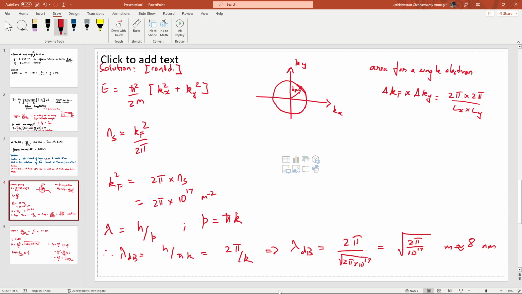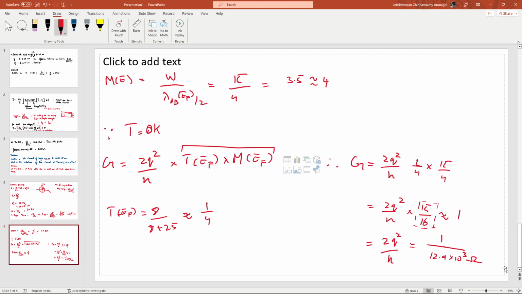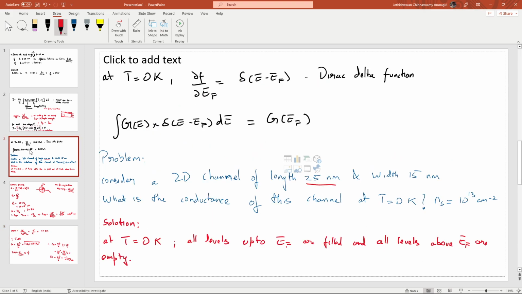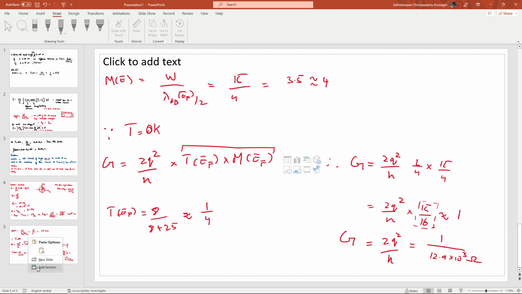From that, we follow these steps to arrive at the final answer for the conductance of the channel. Of course, this answer is accurate only for small biases, at zero Kelvin. So this is how these kinds of problems are solved. I hope that clears it.